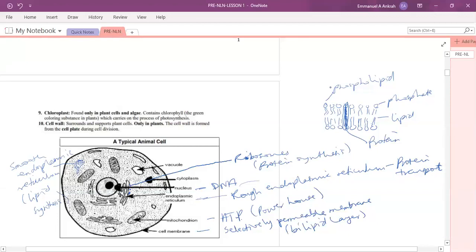So you have to look out for something that is involved in lipid synthesis, right? Something like the liver cell has a lot of smooth endoplasmic reticulum in it. So it's involved in lipid synthesis, right? So think about that like that, okay?